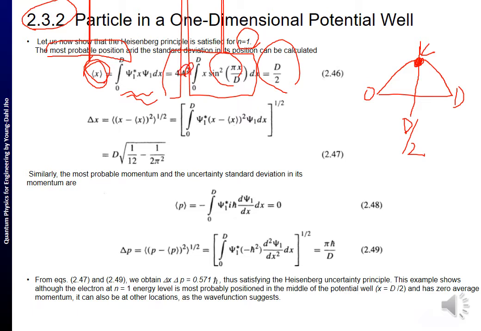We know this one is actually one half of 1 minus cosine, sorry, let me do it again. 1 minus cosine of 2 pi x over d, right? And then we multiply by x dx.